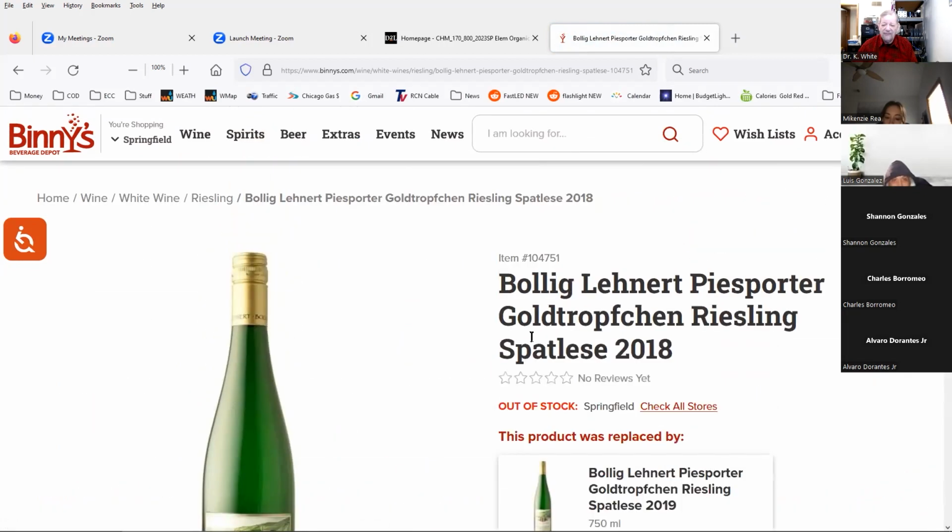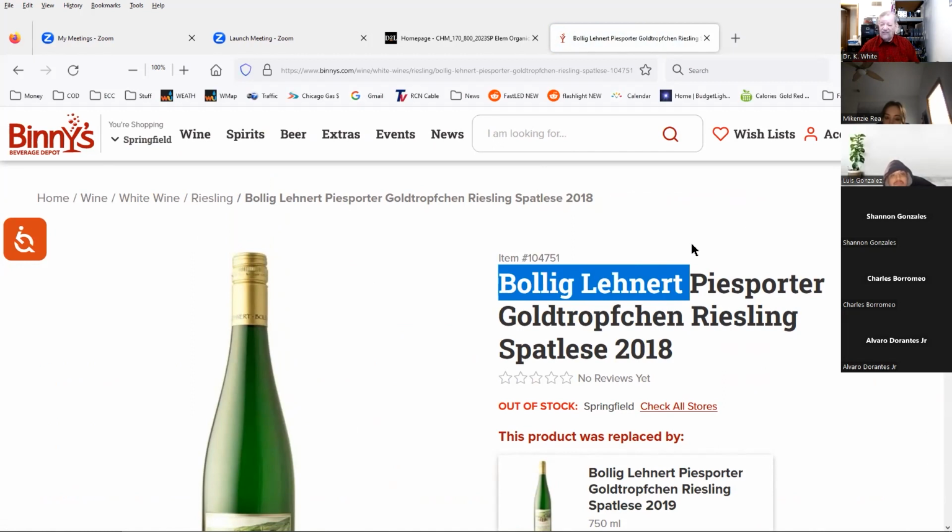Everybody see on there the Piesporter Goldtröpfchen Riesling Spätlese 2018. I worked in the Piesporter area where the grapes came for that wine, and it's the best white wine, the Piesporter. And there are other brands besides this one right here.